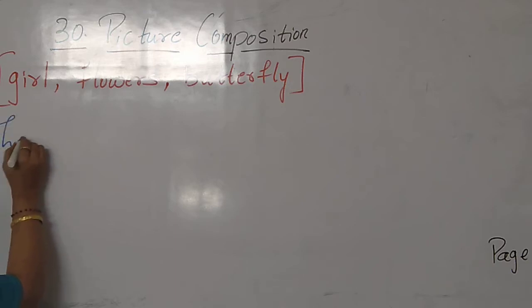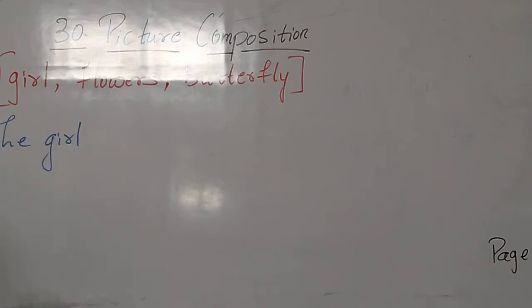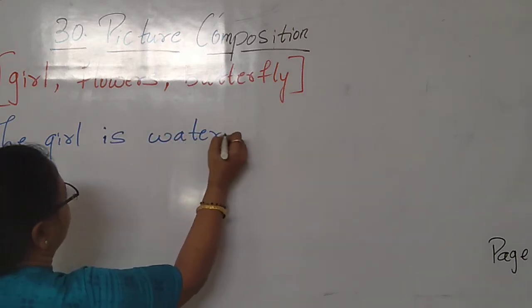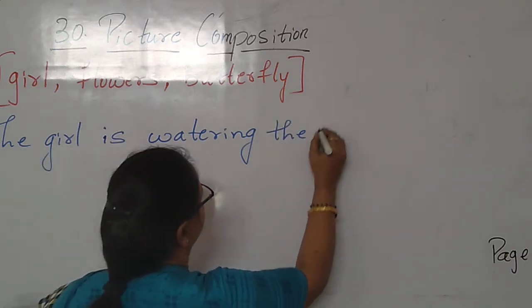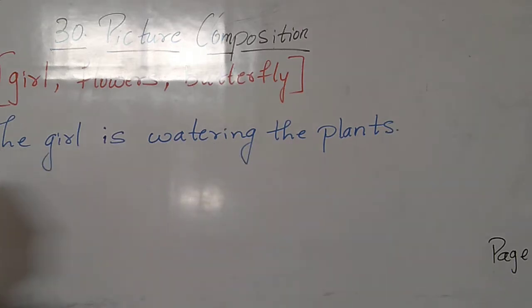So first sentence is girl. The girl. What is the girl doing in the picture? The girl is watering the plants. Yes, the girl is watering the plants.